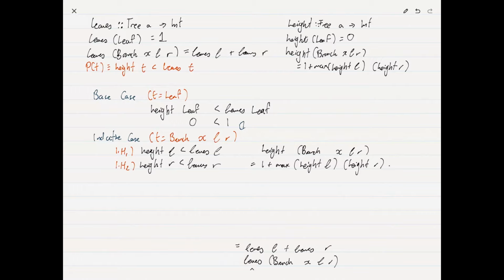So if we tried to use any one of our inductive hypotheses individually, we wouldn't get very far. If I tried to use the fact that I know height is less than leaves for the left, so like if A is less than B, then max A and some other number Z is not necessarily less than max B and some number Z. It's not a congruence in that way.